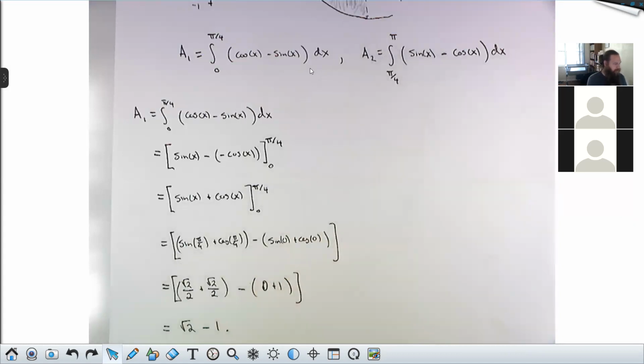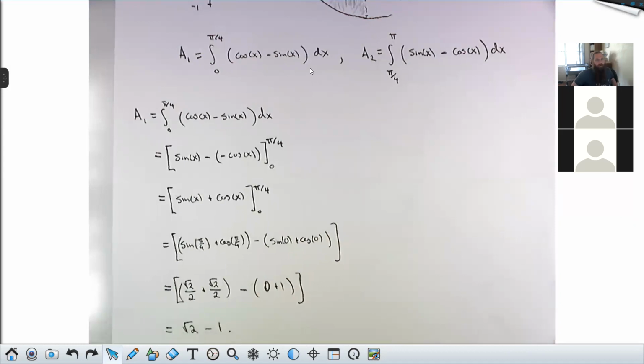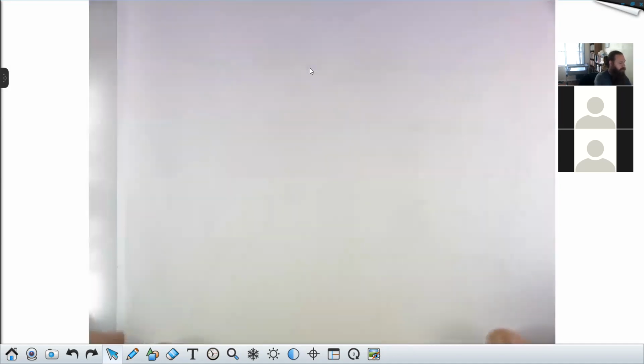It's going to go very similarly. Are there any questions on the calculation here for A1? So for A2, we integrate pi over 4 to pi, sine x minus cos x.